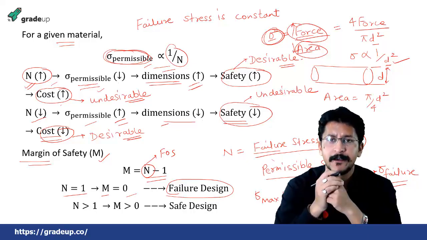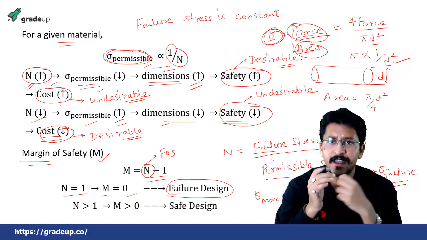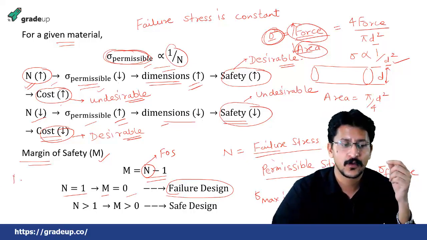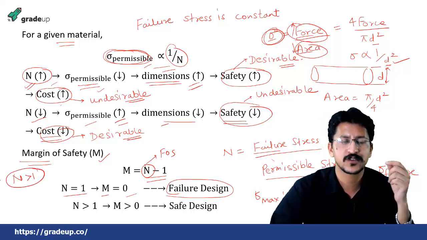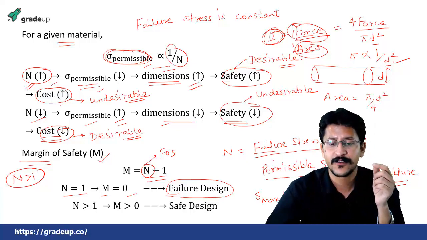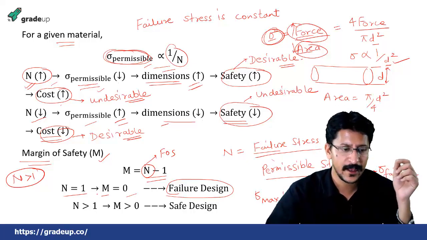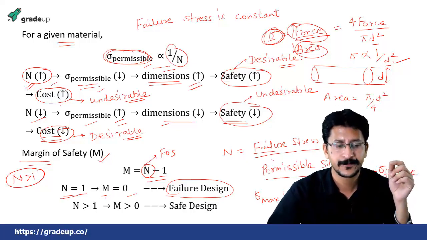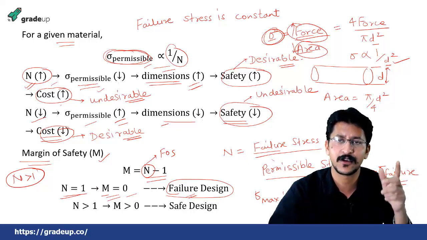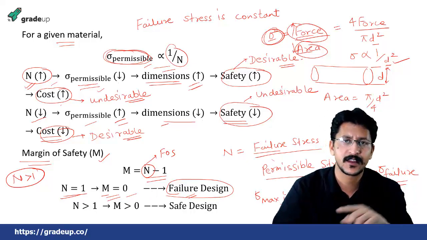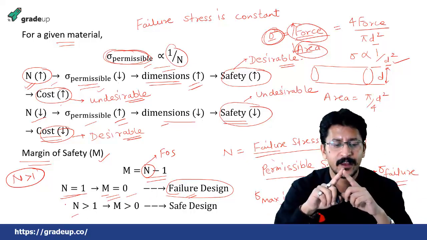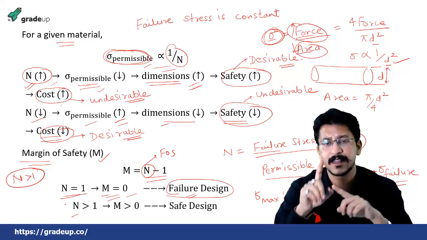To avoid that, we always use a factor of safety greater than 1. We do not use a factor of safety equal to 1, for the reason I have explained. Factor of safety equal to 1 means margin of safety equal to 0, that is a failure design. And if the factor of safety is greater than 1, then the margin of safety will be greater than 0.